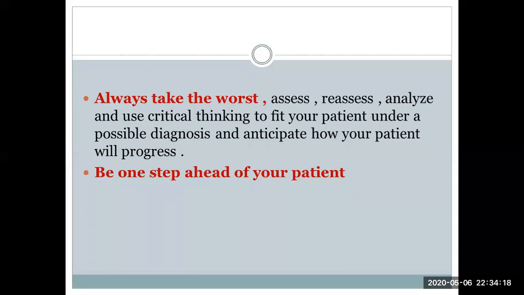Pediatrics are very fragile, vulnerable, and sometimes unpredictable. So you have to be broad-minded, assess and reassess, analyze, and put a long list of differential diagnoses to fit your patient in. One bit of advice from my side: if you assess a patient, just ask yourself one question. Is my patient potentially septic or not?